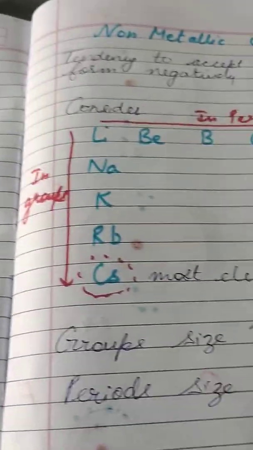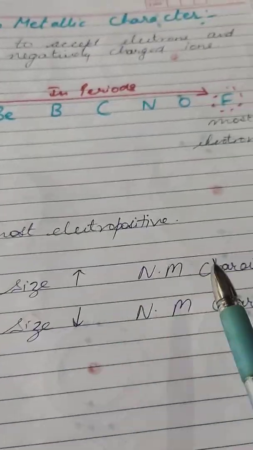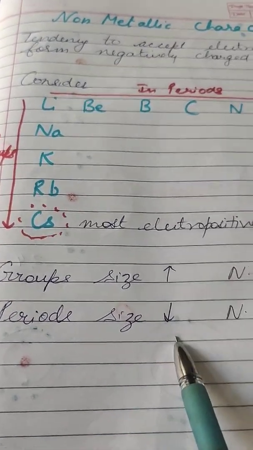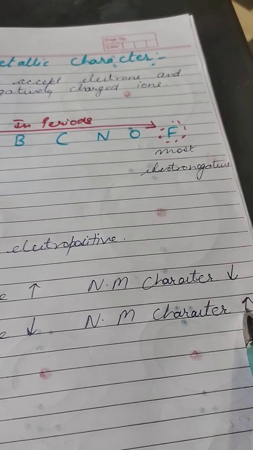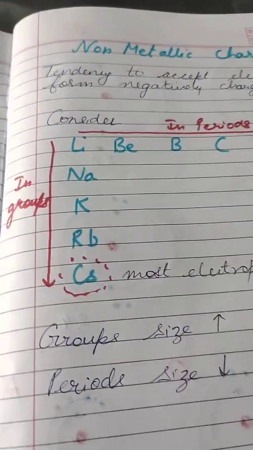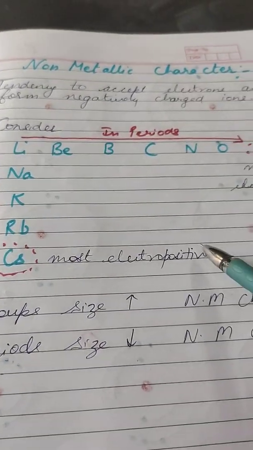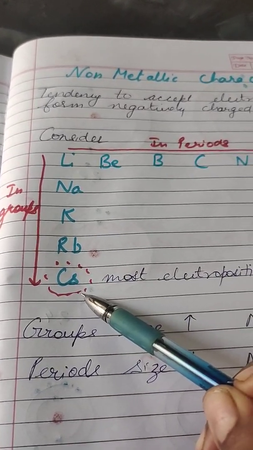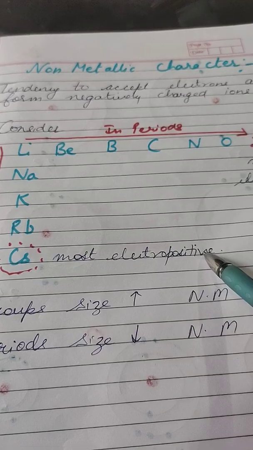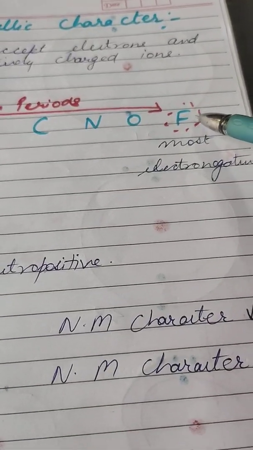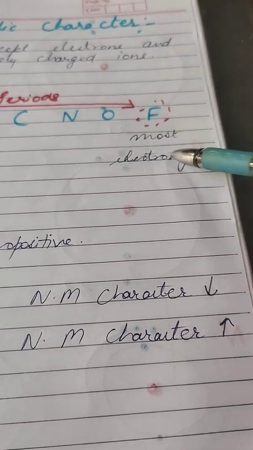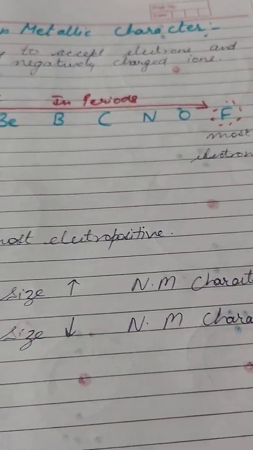So what I have written here: in group, size increases, non-metallic character decreases, whereas in periods size decreases, non-metallic character increases. So when an element loses electron, it's called electropositive. So cesium can lose electrons to its maximum, that's why it's the most electropositive element. Whereas fluorine has maximum tendency to accept electron, so it is the most electronegative element.